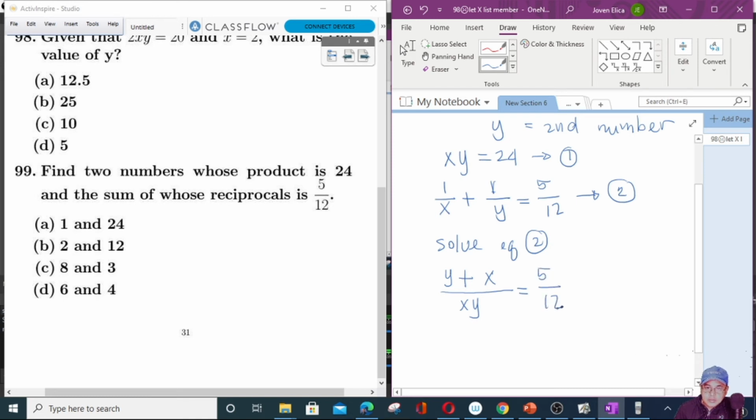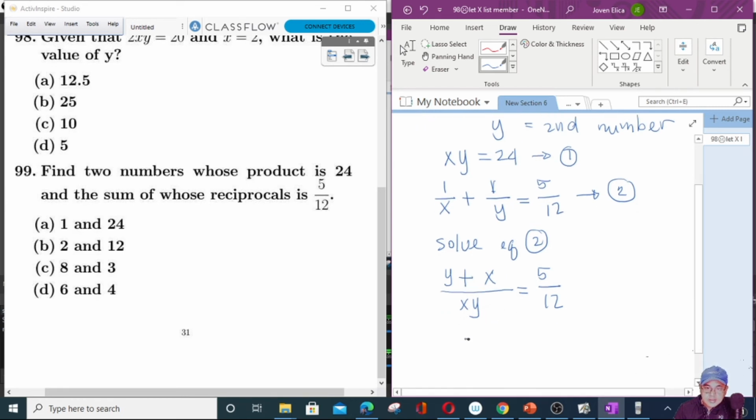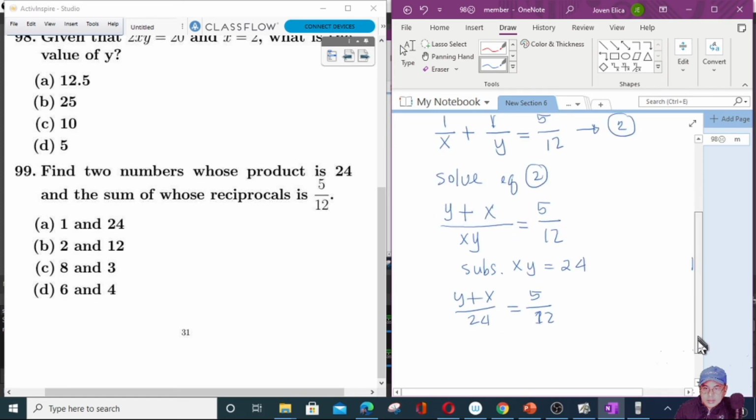5 over 12. And since our xy is 24, we can substitute xy equals 24. So y plus x over 24 is equal to 5 over 12.